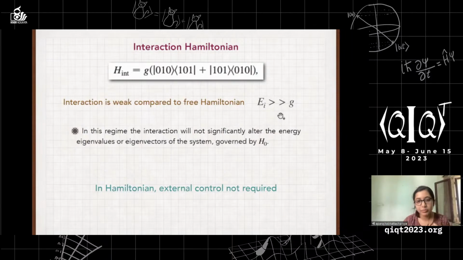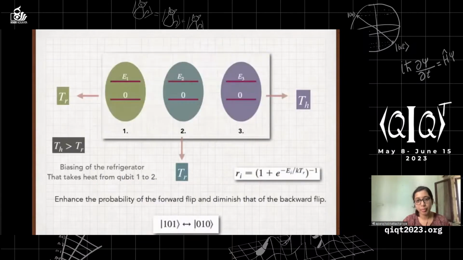In this regime, the interaction will not significantly alter the energy eigenvalues or eigenvectors of the system, governed by H0. H0 was the local Hamiltonian of the system. By using this interaction Hamiltonian, no external control is required, because both these 2 energy levels become degenerate, and so they can be swapped without an external source of energy.